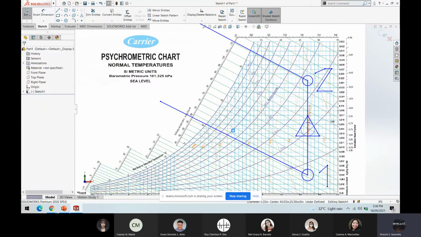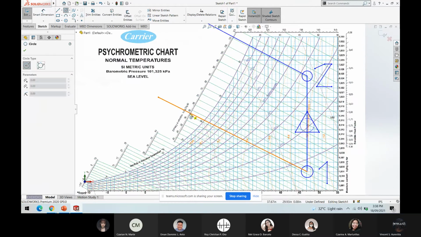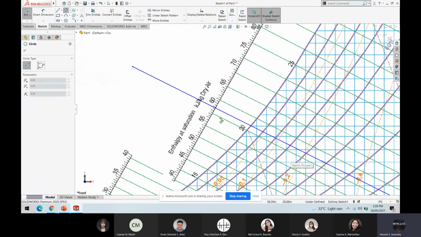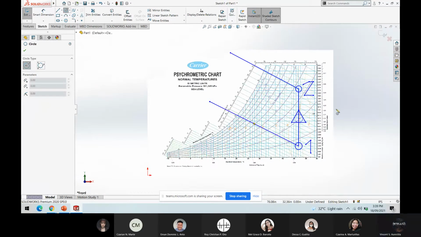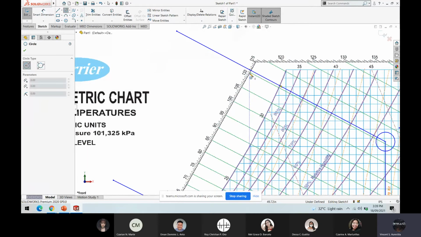Upon reading the psychrometric chart, in state 1 the enthalpy, let's just assume, is 58.9, but in state 2 the enthalpy reading is 100.9.